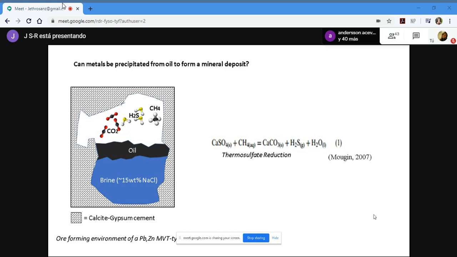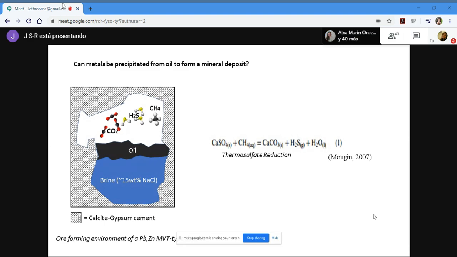The hydrogen sulfide is generated through a reaction known in nature as thermochemical sulfate reduction, which is thought to have onset temperatures between 100 and 140 degrees Celsius. This reaction is a reaction between the sulfate-rich brines and crude oil.